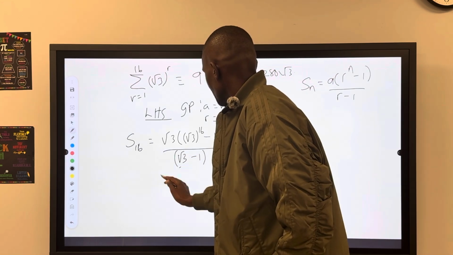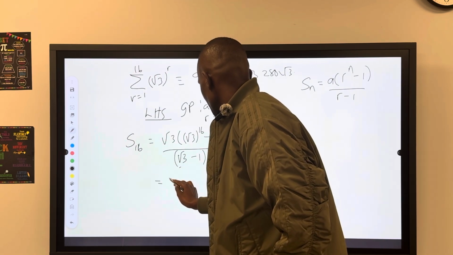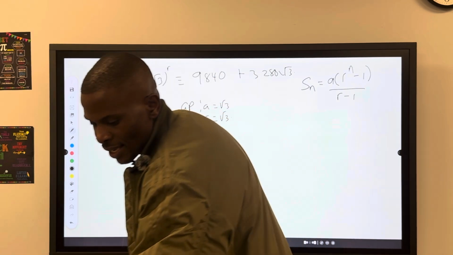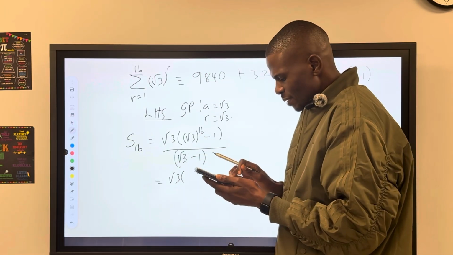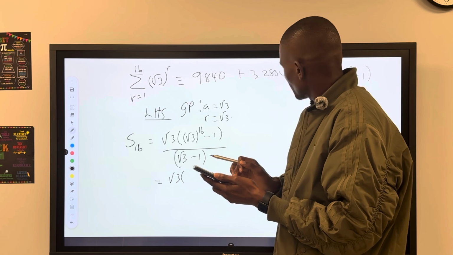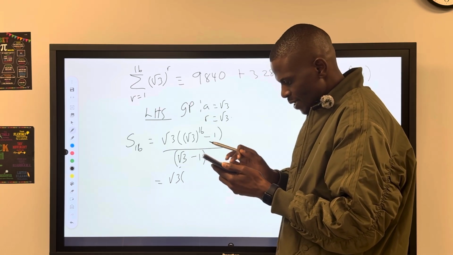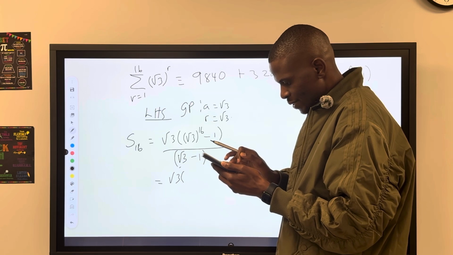Right. So here we can simplify the top first, which is root of 3 to the power of 16.